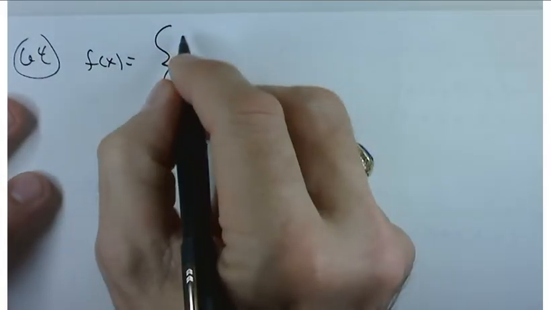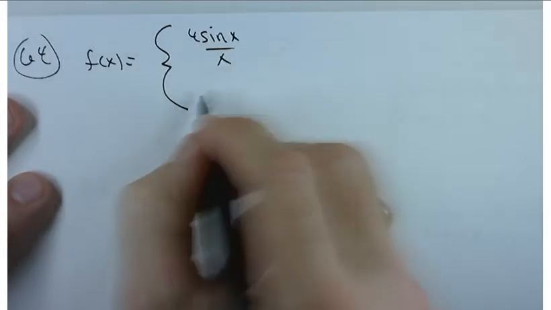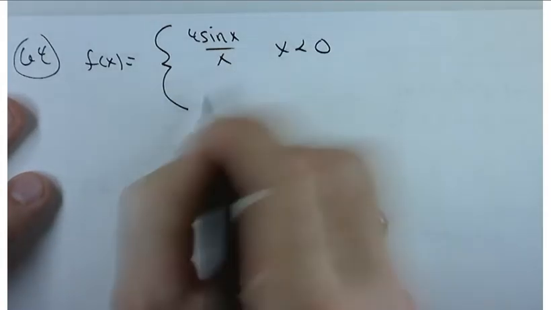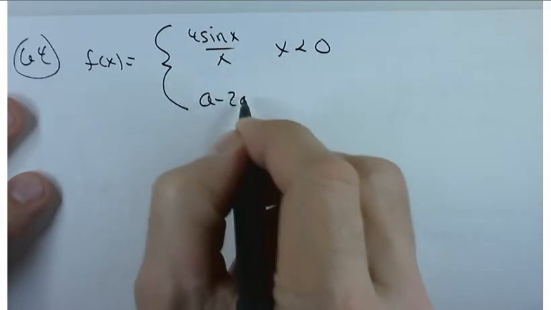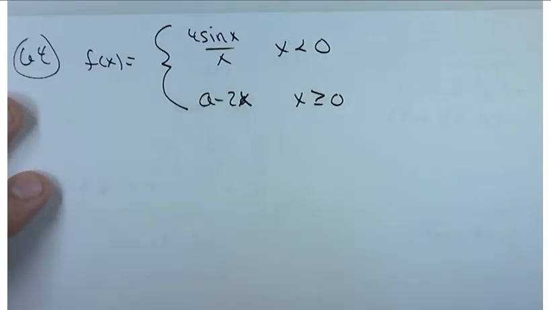Okay, problem 64. f of x is 4 sine of x over x, as long as x is less than 0, and a minus 2x for x greater than or equal to 0.